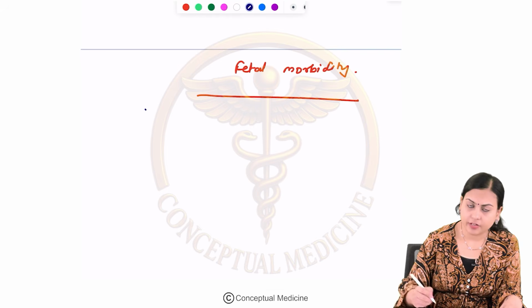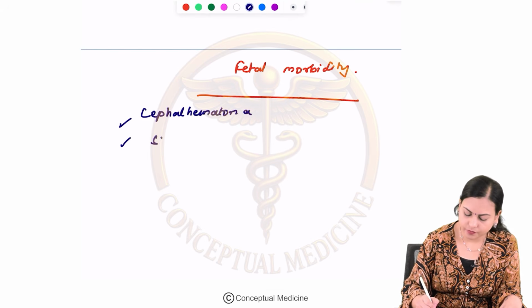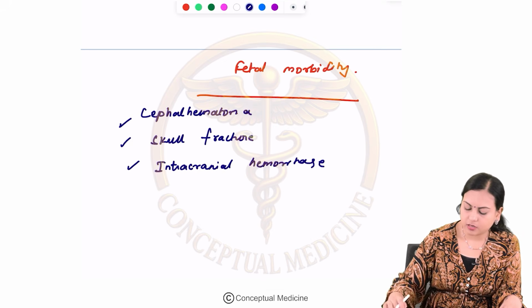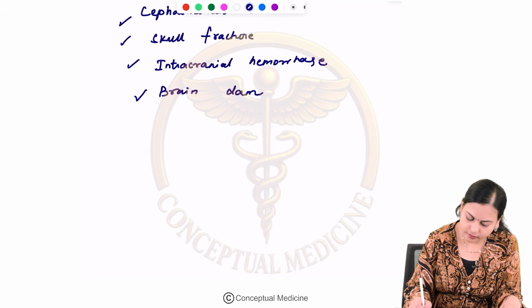There can be cephalohematoma, skull fracture, intracranial hemorrhage, brain damage as well.